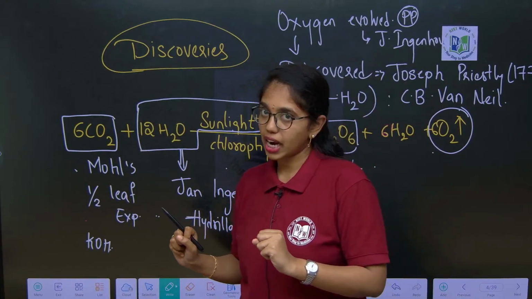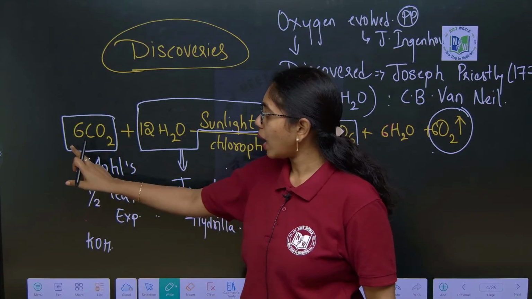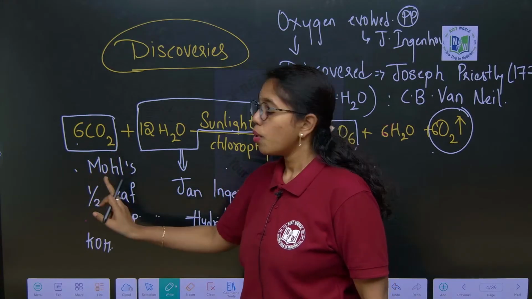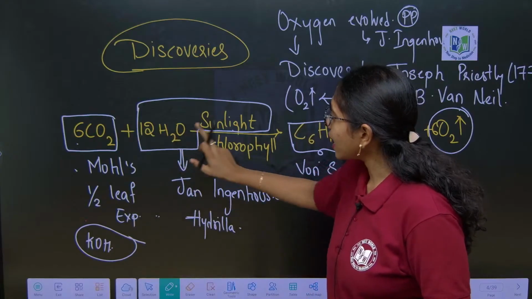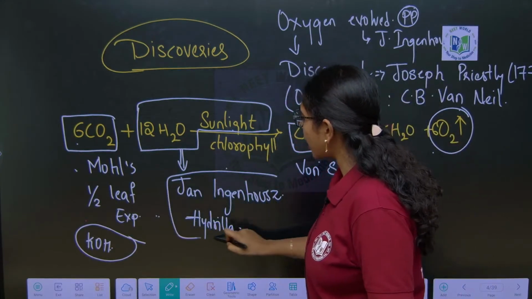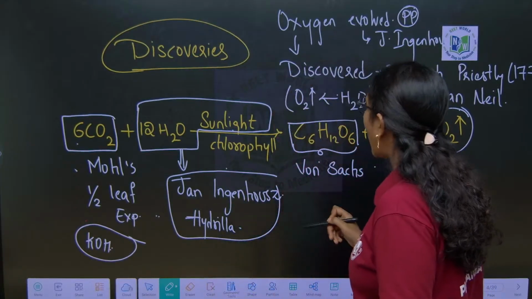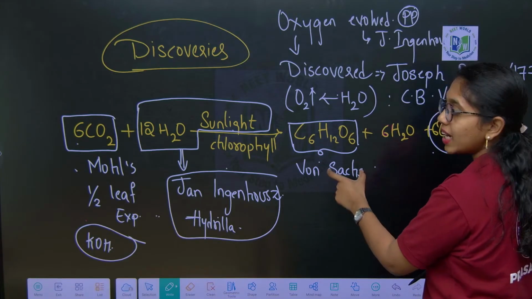That experiment all of us know; we just have to remember who said that carbon dioxide is essential for photosynthesis: Moll's half-leaf experiment using KOH. And water and sunlight are essential for photosynthesis, said by Jan Ingenhousz by taking the model organism Hydrilla. And glucose is the product of photosynthesis, said by von Sachs.